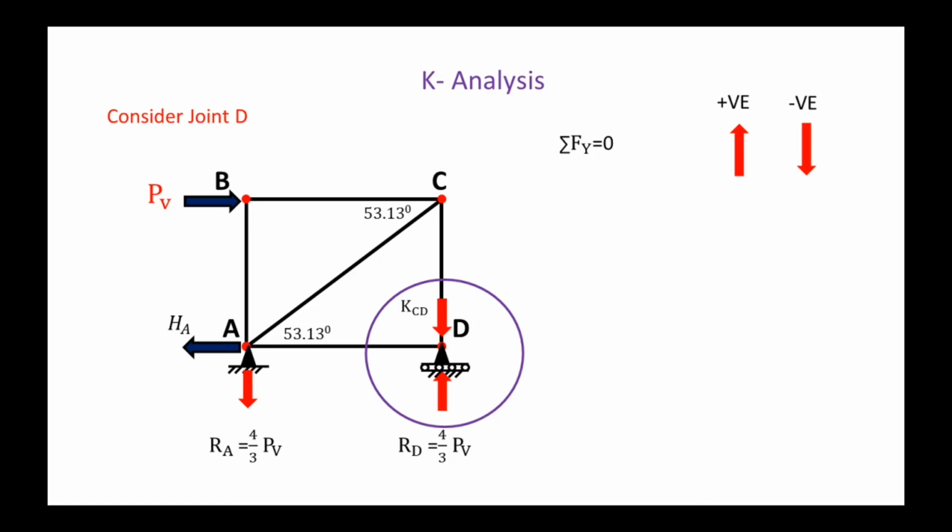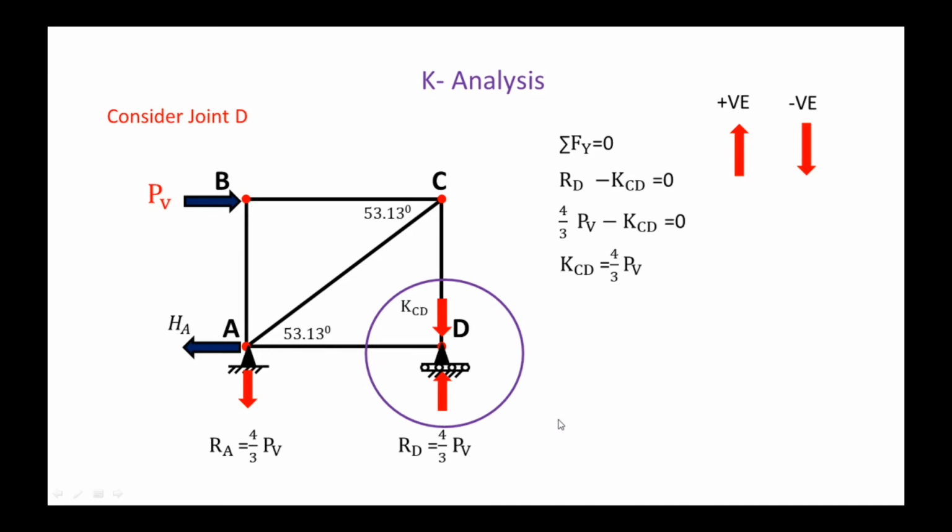These are our directions: vertically upward is positive and vertically downward is negative. So RD is vertically upward, so that is a plus, and KCD is vertically downward, that is a minus. So RD minus KCD is equal to 0. If you put the value of RD in this equation, we got the value of KCD is equal to 4 by 3 PV.